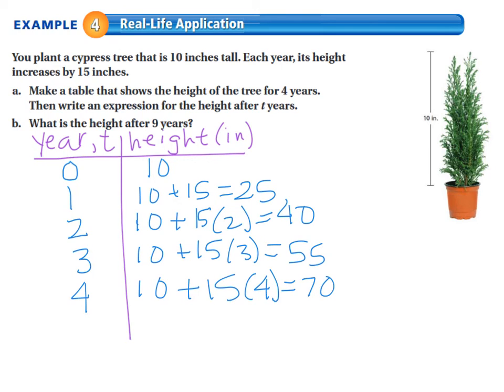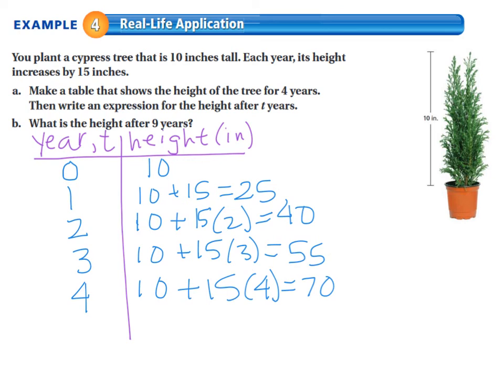When I make my expression, look at what's changing each time. The 10 stays the same each time. The 15 stays the same every time. But the 2 and the 3 and the 4, that's always the year.